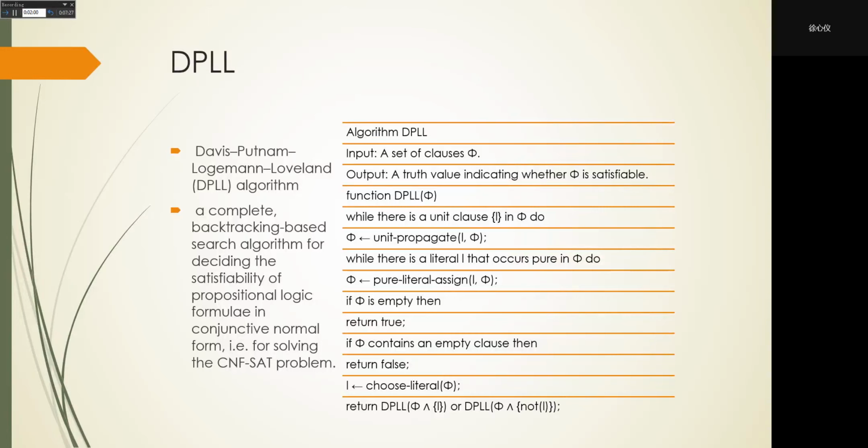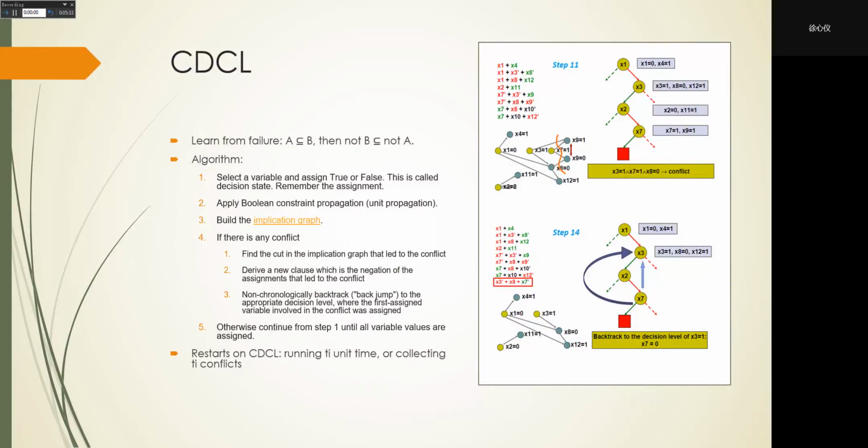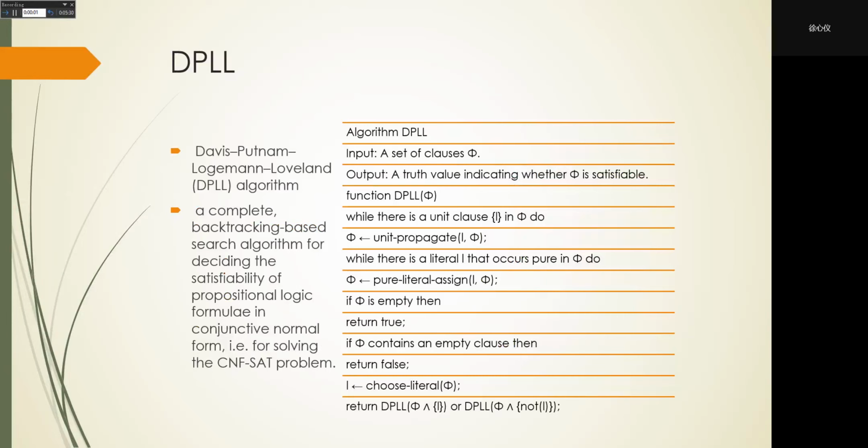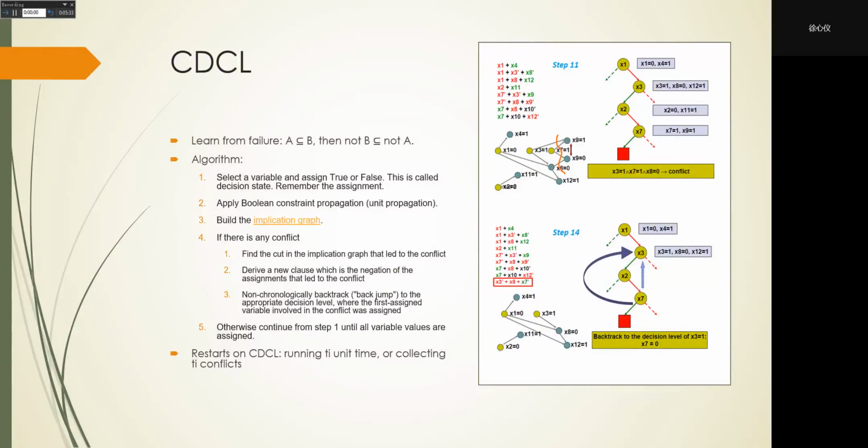It is just a simplified depth-first search. You randomly select a literal L. You first try whether literal L can be true, then you try whether it can be false. So it gives us a question: how can we select which L to use, and how can we use failures in the search?